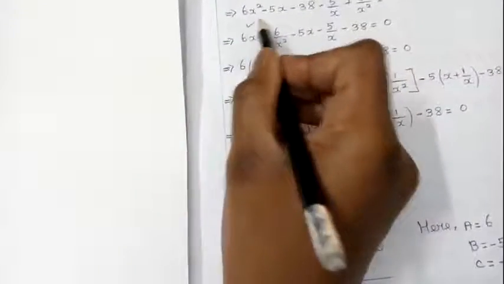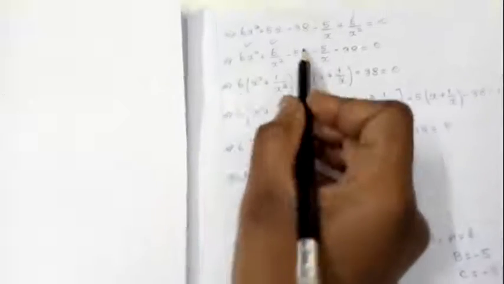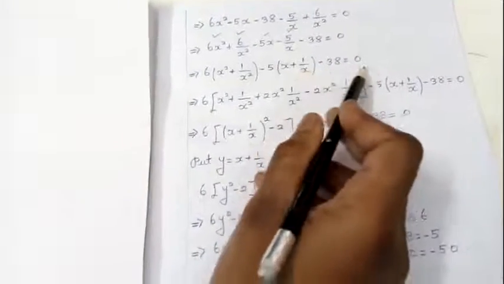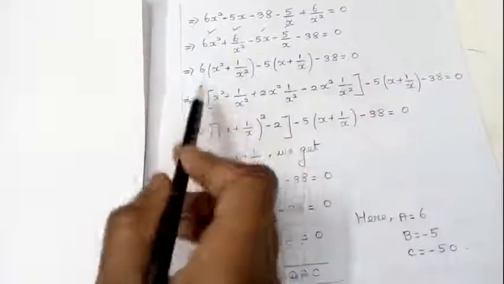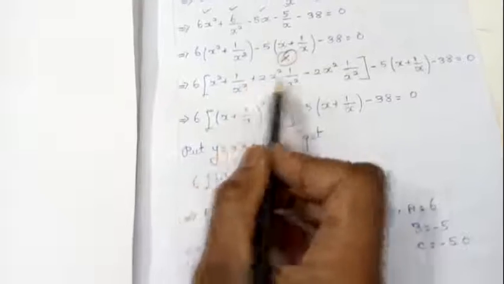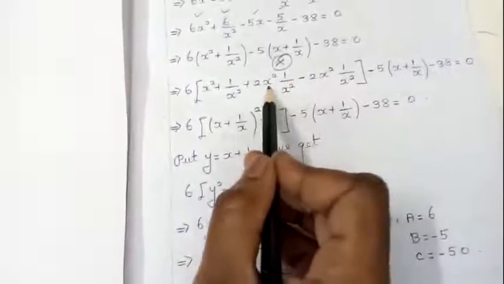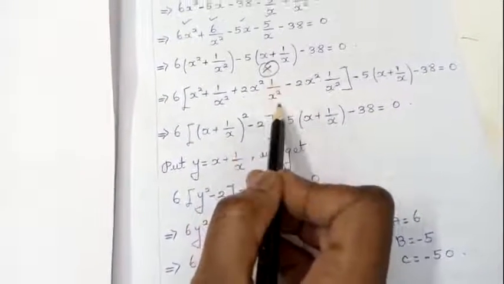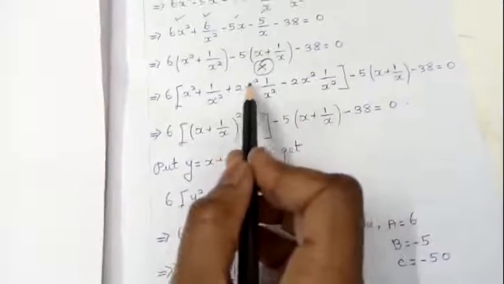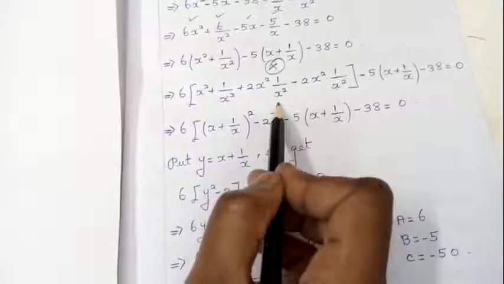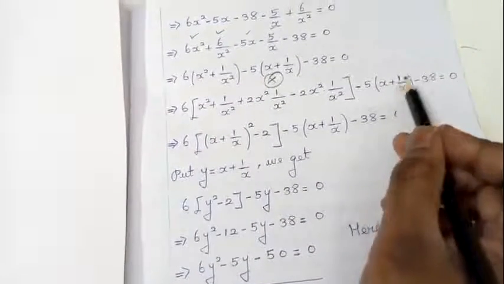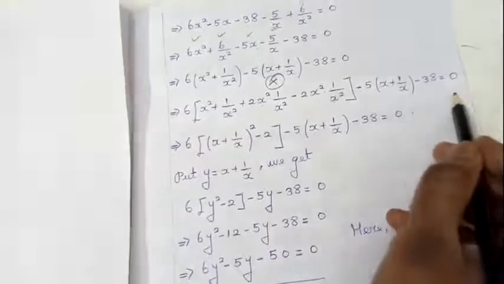From this I am taking 6 outside. In this combination I am taking minus 5 outside, minus 38 equal to 0. Here this is an important place. What I am doing is I am adding and subtracting plus 2x square into 1 by x square, add and subtract 2x square 1 by x square. Similarly, minus 5 times x plus 1 by x minus 38 equal to 0. I am keeping it as it is.